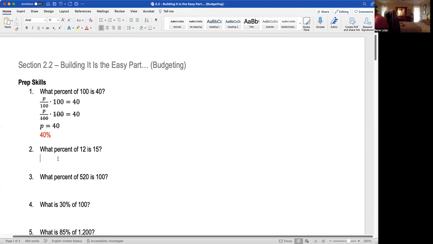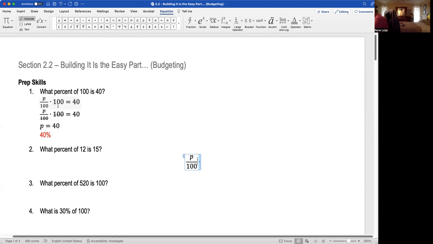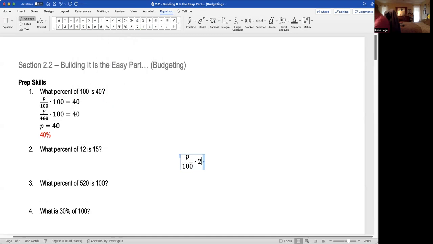So we're going to do the same thing here. So what percent? So that's P over 100 of 12 means to multiply, of 12, not 21, is 15.